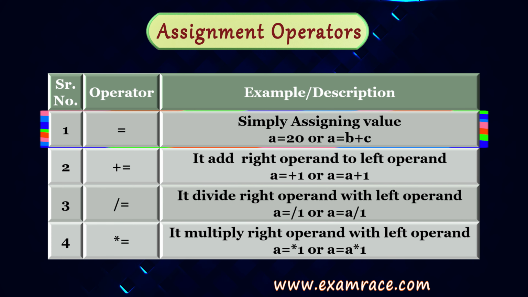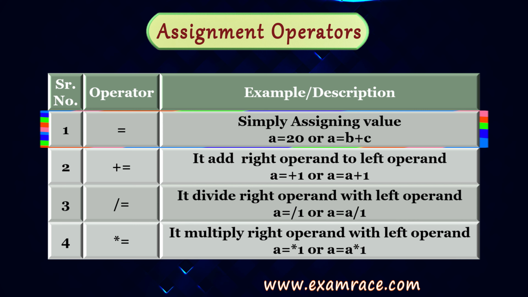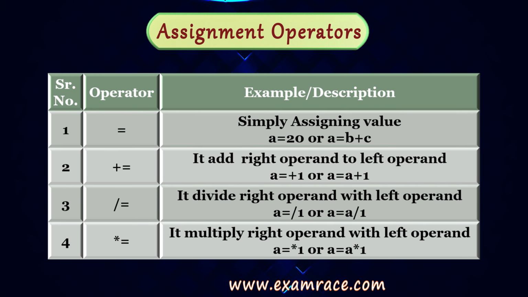So whatever will be the value of b and c, it will be just added and will be assigned to the variable a on the left side. We must remember one thing, that the calculated value from the right side will always be shifted to the left hand side in case of assignment operator.